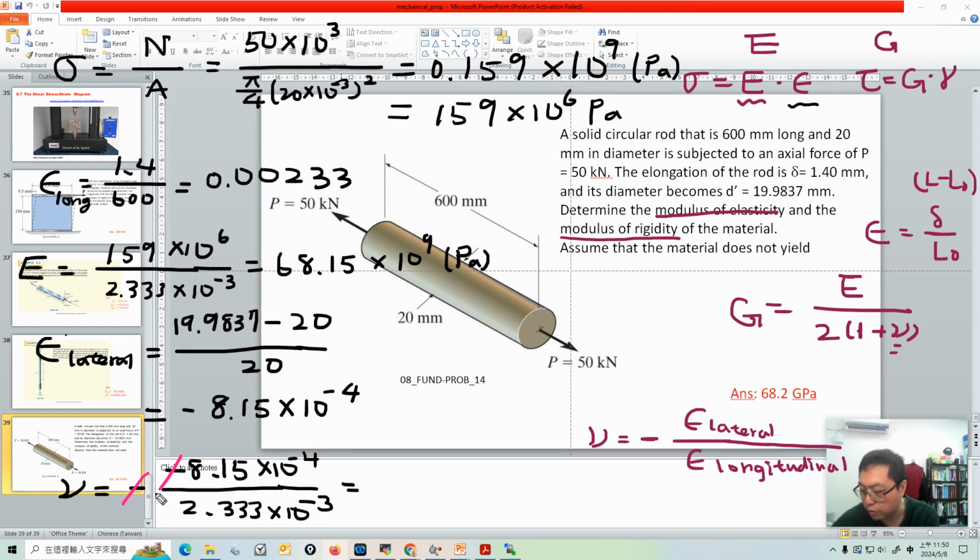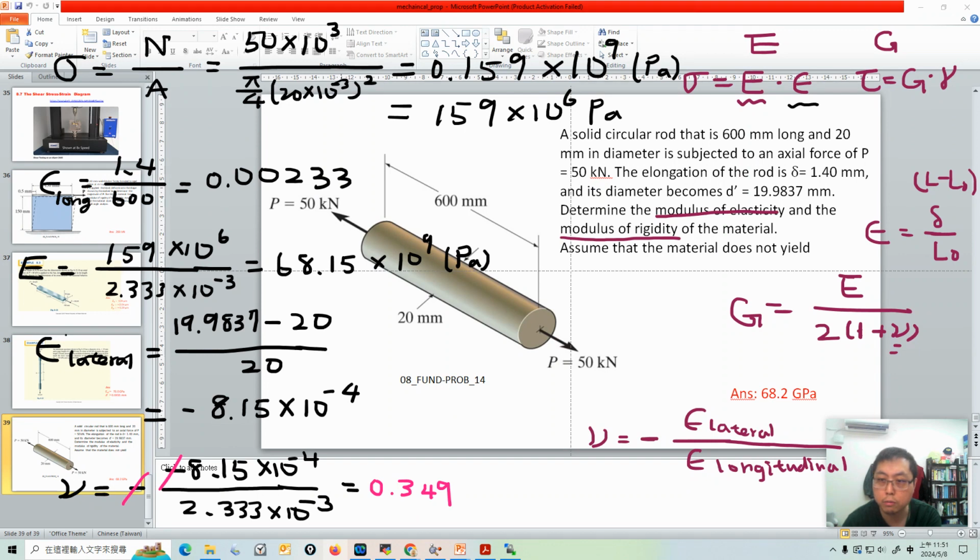So 8.15 divided by 2.333, divided by 10, is 0.349. So the Poisson ratio is 0.349.